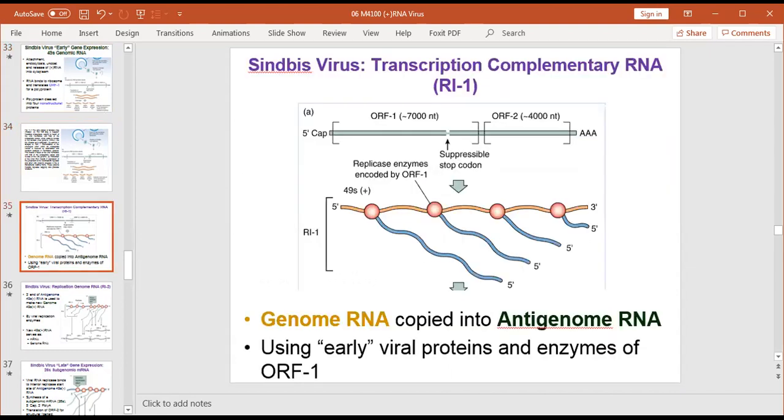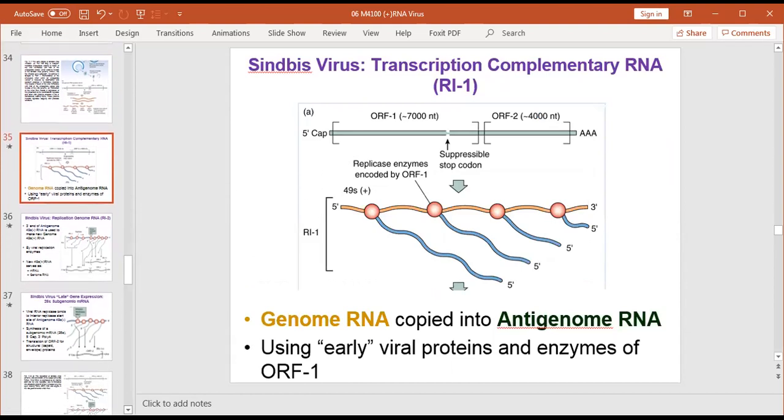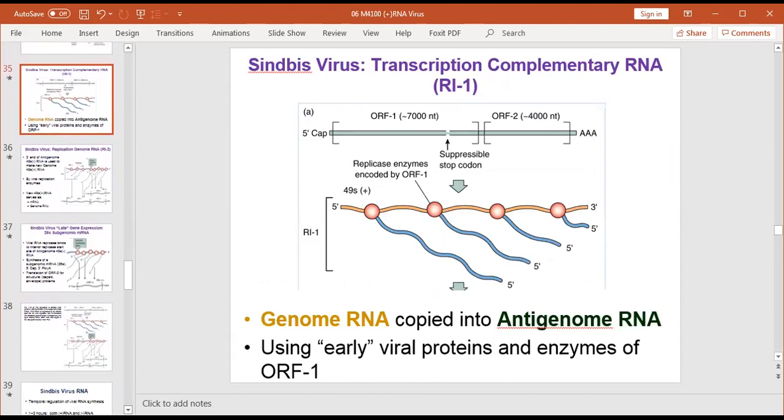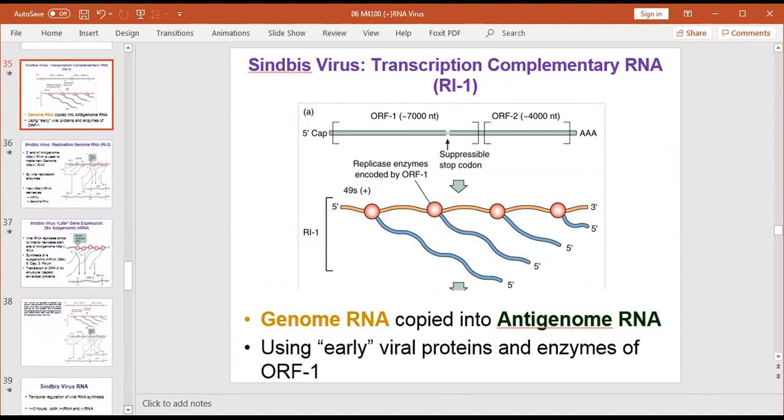Slide number 35. Let's talk about Sindbis virus transcription of the complementary RNA strand. Remember, we said that the genome has 2 open reading frames, a 5' cap, and a 3' poly A tail.